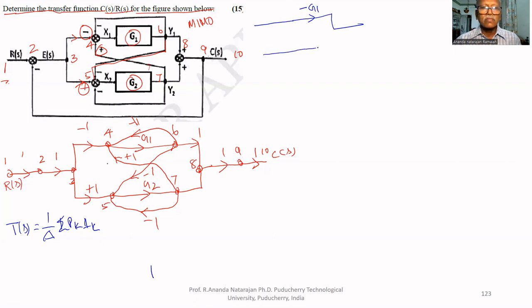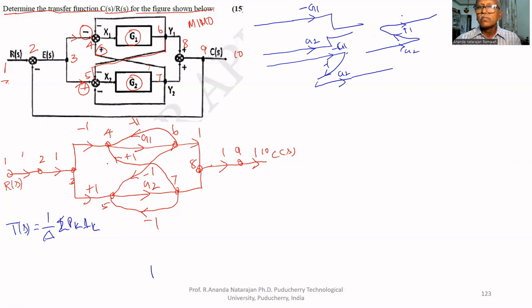The second forward path is G2. The third forward path is minus G1, -1, then G2. The fourth forward path is this way. This is +1, this is G2, this is G1. So the number of forward paths is 4. Therefore, k equals 4.